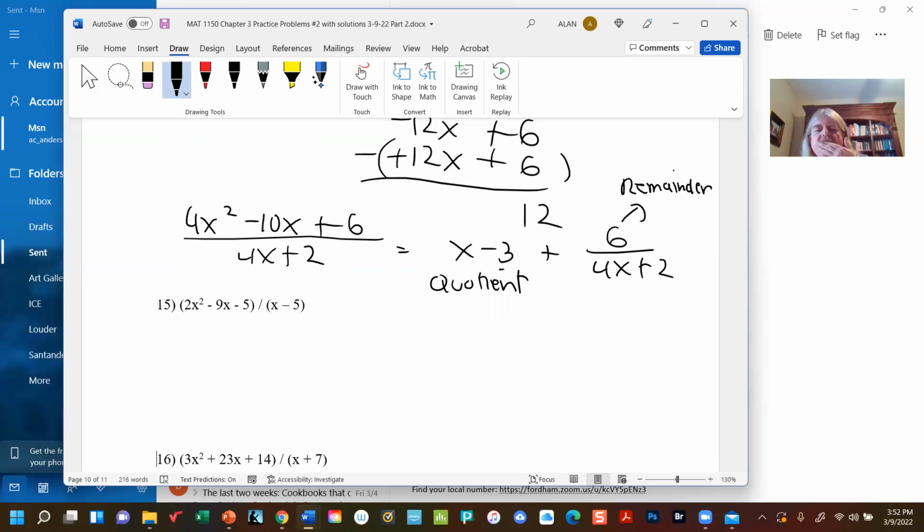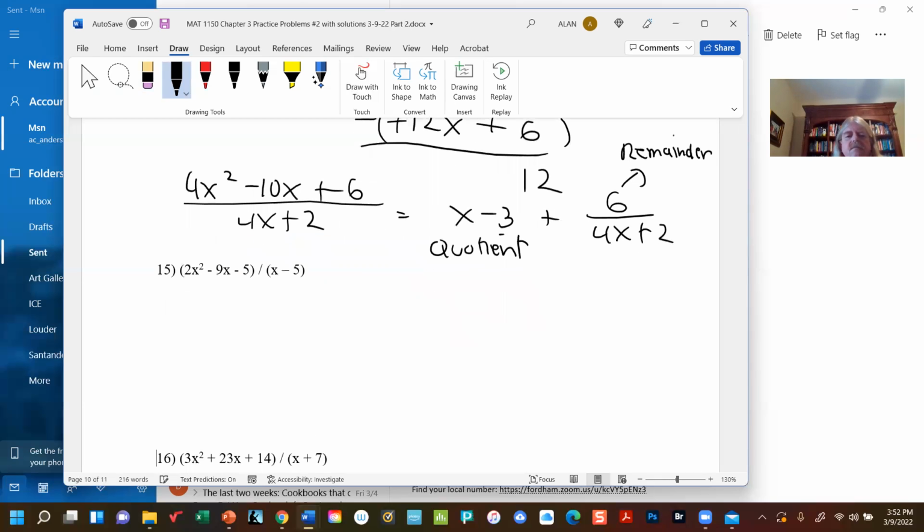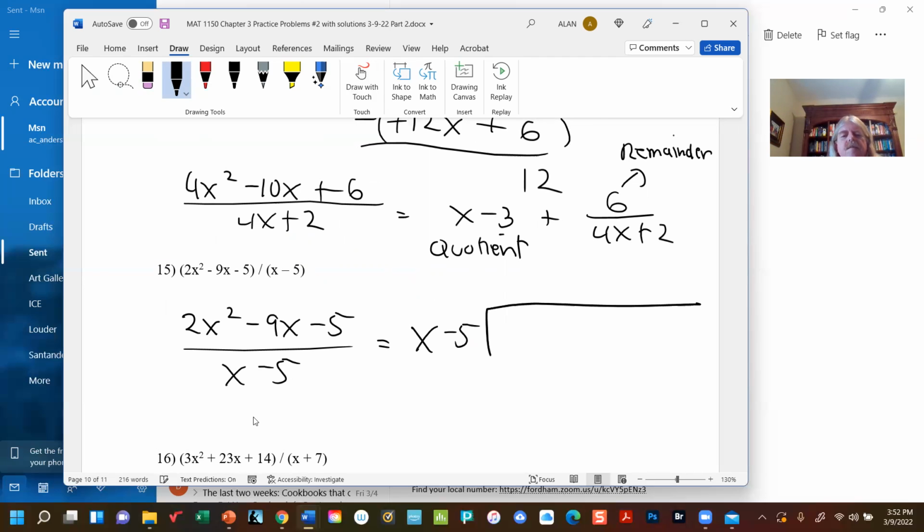All right, here we go. So now hopefully, at least one of these, oh, maybe we will have one without a remainder. That might be nice. So here's what we're doing. X minus 5 is divided into 2x squared minus 9x minus 5.